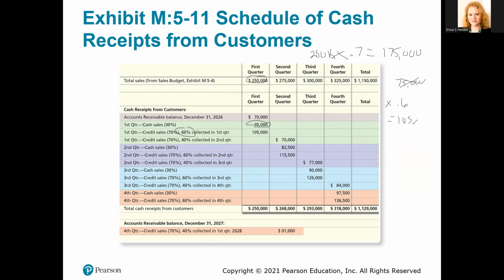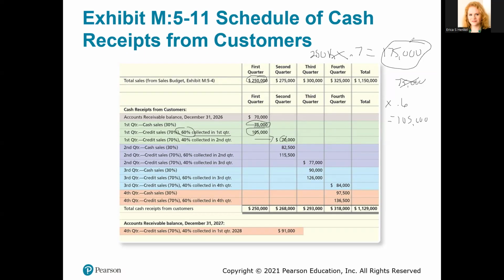So they will collect almost 2/3 of their credit sales during that same quarter. So within 30 to 60 days, right? And then the remaining 40% will be collected in the second quarter. So this 105 plus the 70 here is the 175,000 total of credit sales from that period.